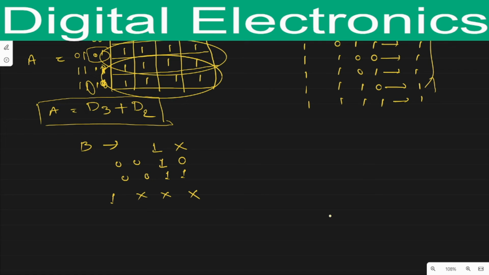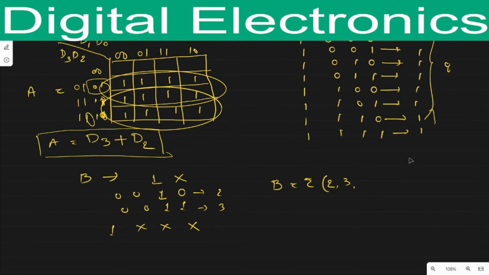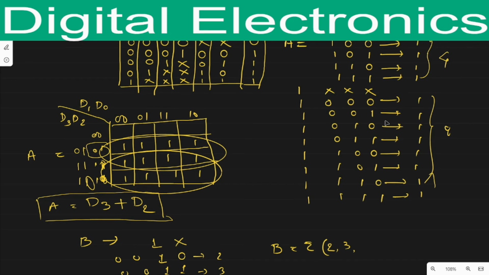So what we can see? We can see 2 and 3 are 1. So B equals 1 for 2, 3, and then 8 to 15.